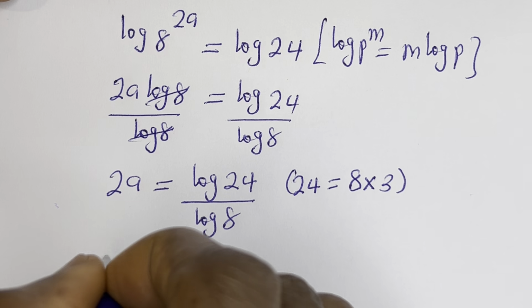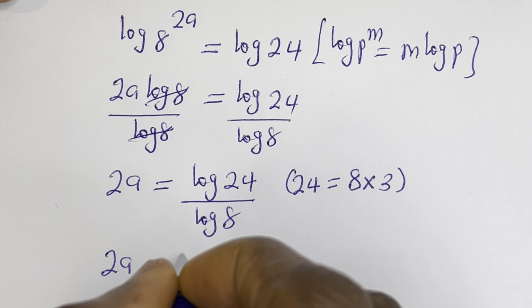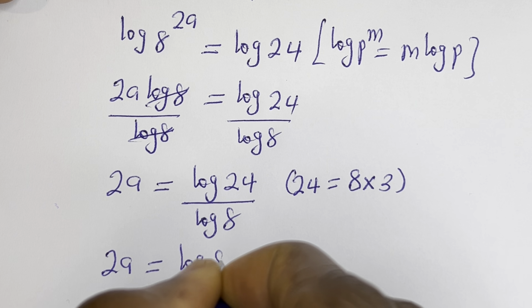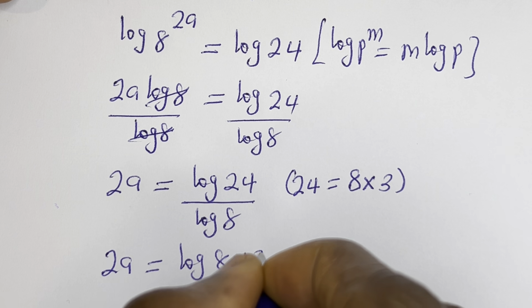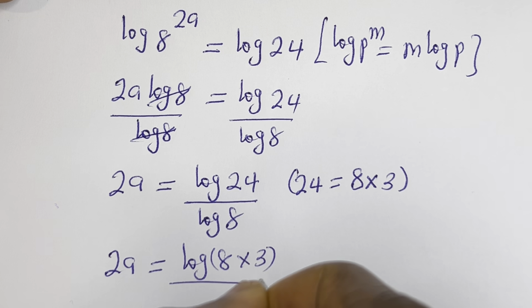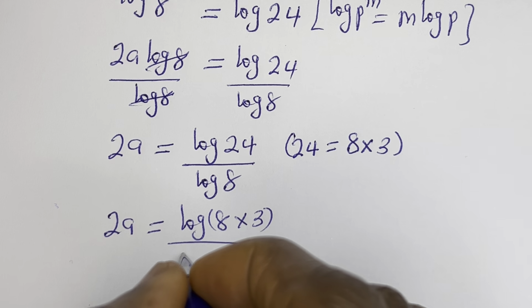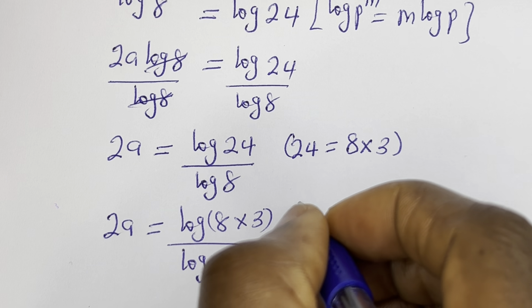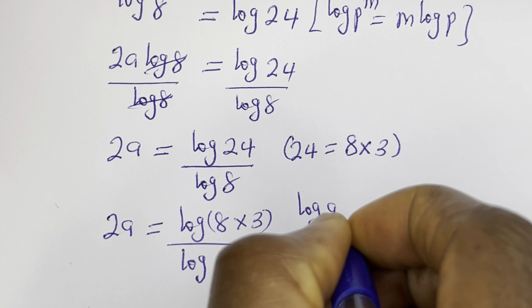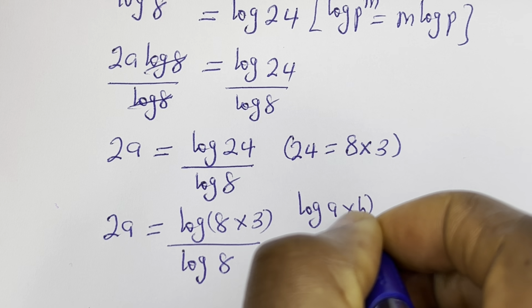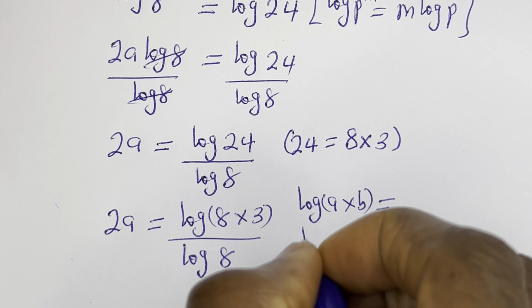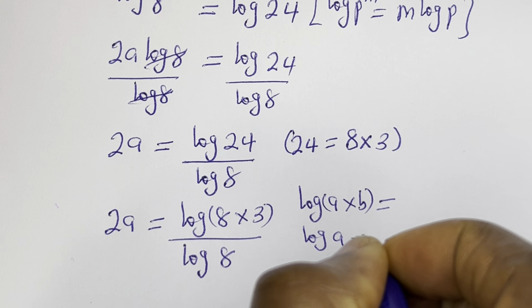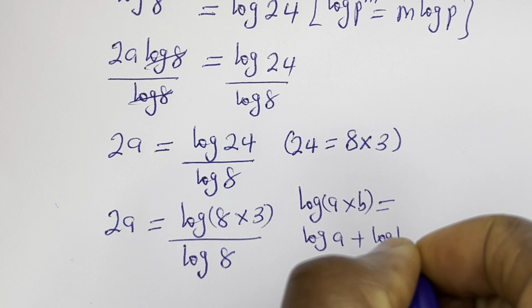Here we have 2a is equal to log 8 multiplied by 3 divided by log 8. Take note of this, that if you have log a multiplied by b, this is equal to log a plus log b.